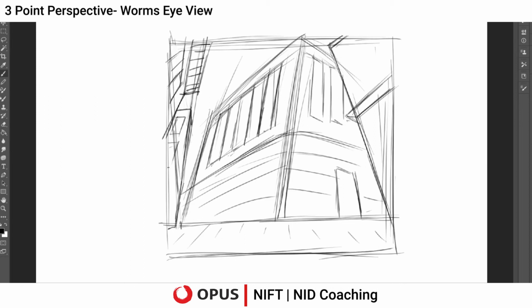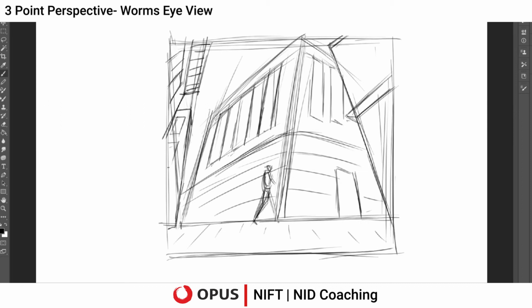And see, if I add a figure here, then I will also draw the figure in a way which will show the figure from a very low angle also.